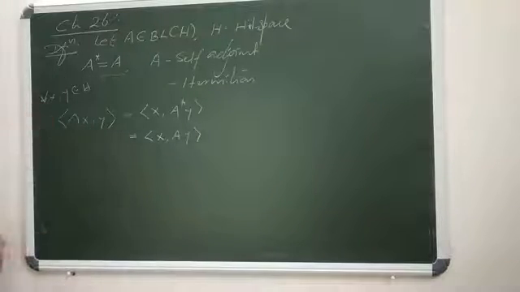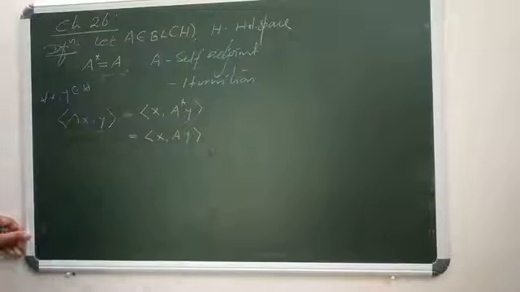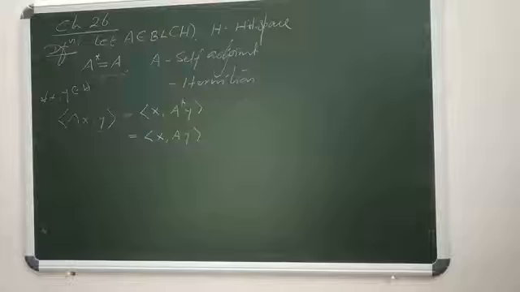So when A is self-adjoint, or Hermitian, then (Ax, y) equals (x, Ay). Okay, so this is an important relation: if A is self-adjoint, that means A star equals A, then (Ax, y) equals (x, Ay) for all x, y in H.